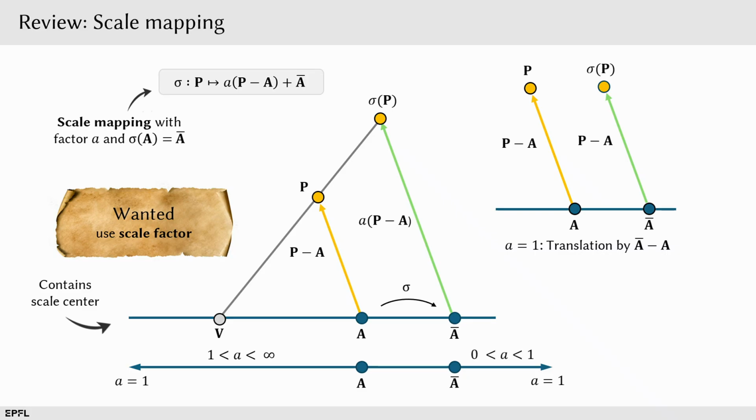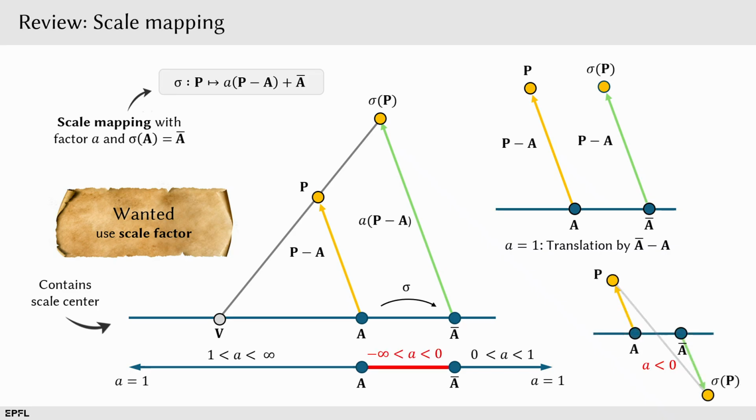Eventually returning on the other side, where for values that are between 0 and 1, the yellow vector is much bigger than the green vector, and therefore the scale center will be on the other side.